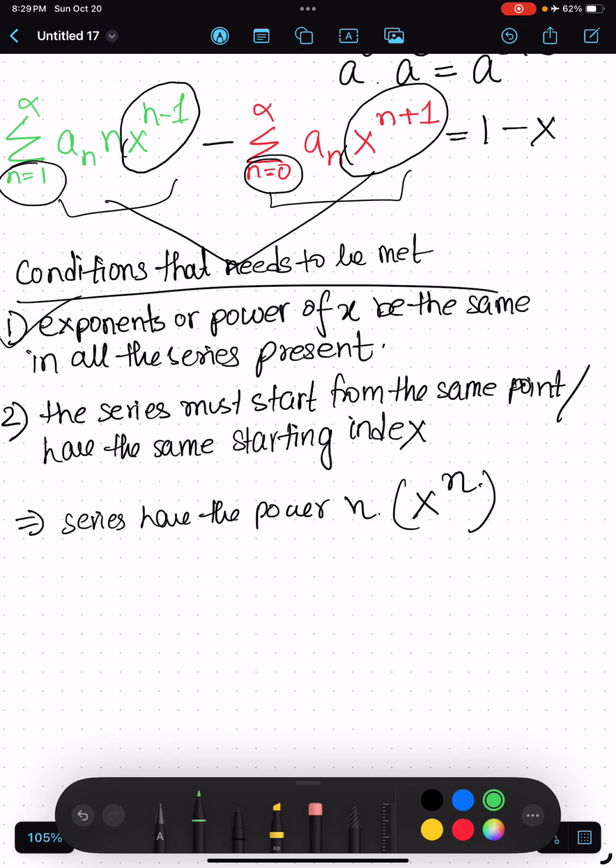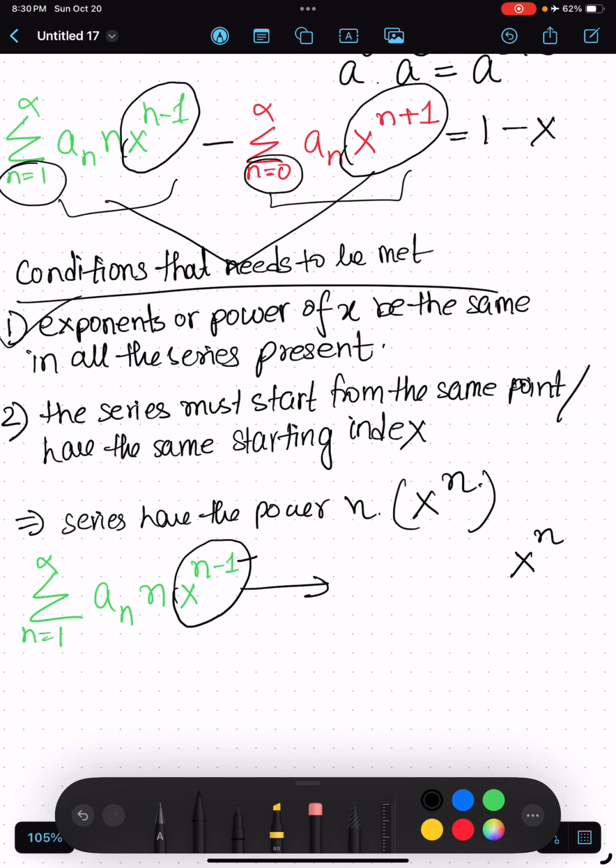So we have our first summation series, which is n is equal to 1 to infinity, a sub n times n, x to the power n minus 1. And we want to transform this so that it has the power x to the power n. How do we do that? If you look at this exponent over here, the way we can easily move it to just an n is just adding a plus 1 to it.